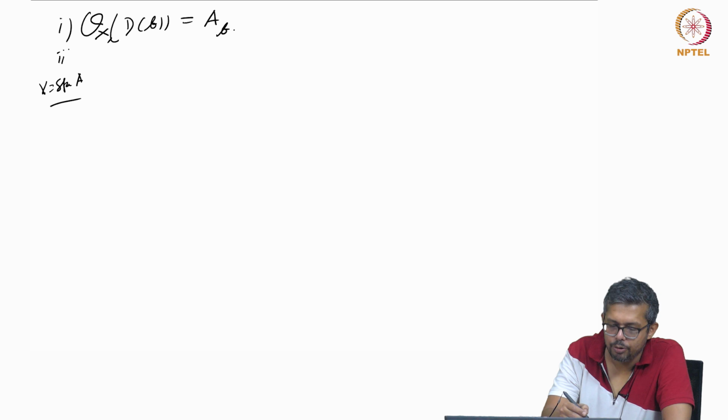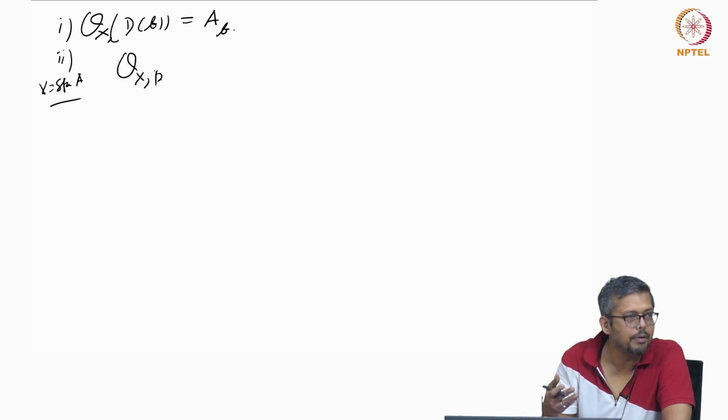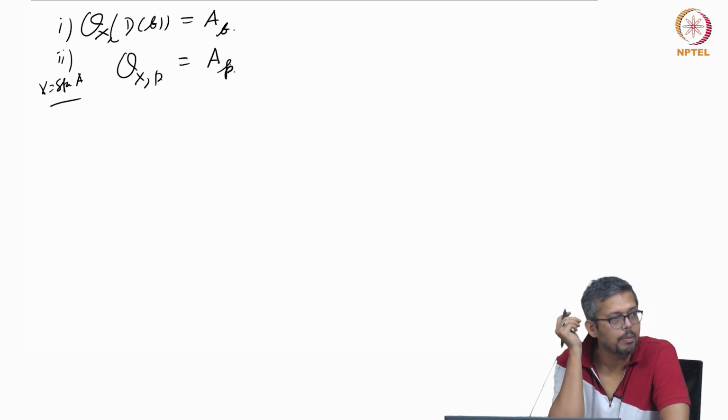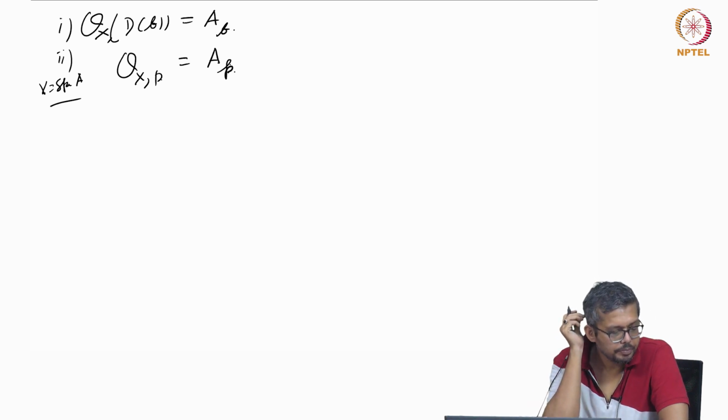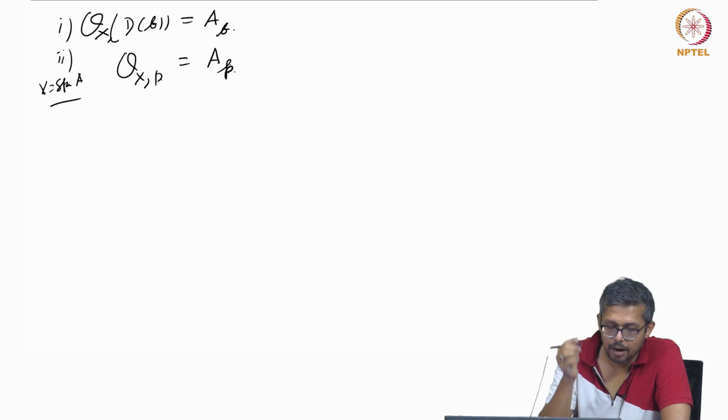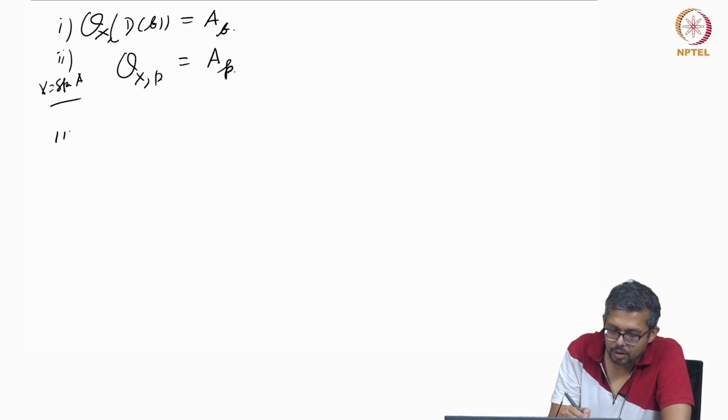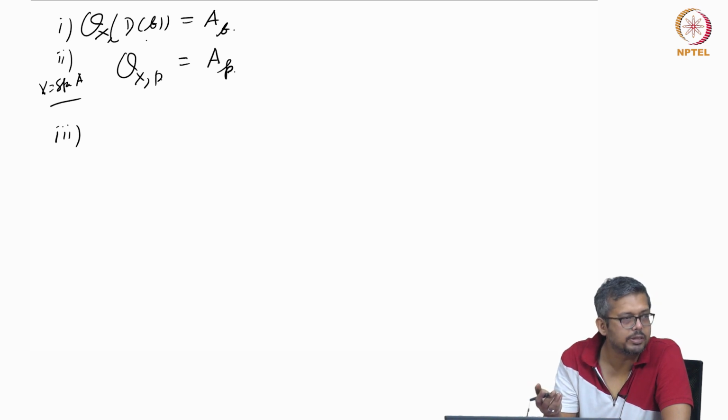And what about if you take the stalk at a point? Whenever you have a sheaf, you can talk about the stalk at a point. It is A_P, the localization at the prime ideal P. And what about if you take the whole space X, that means OX of X?